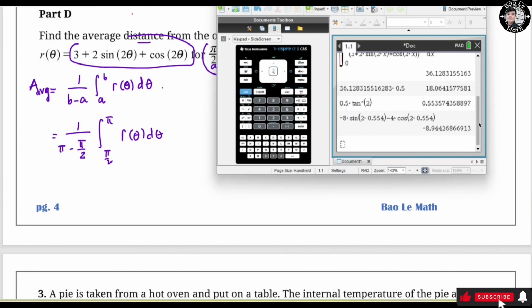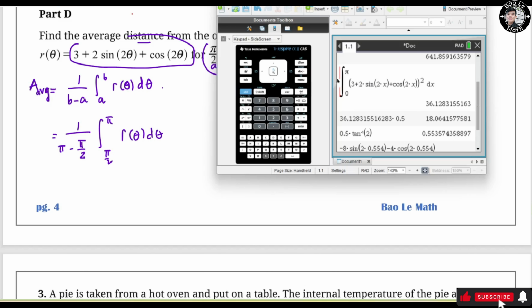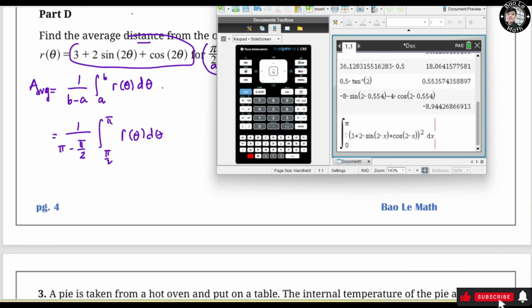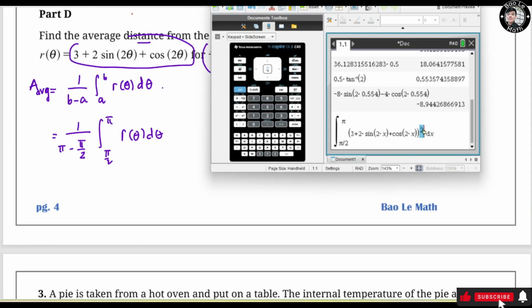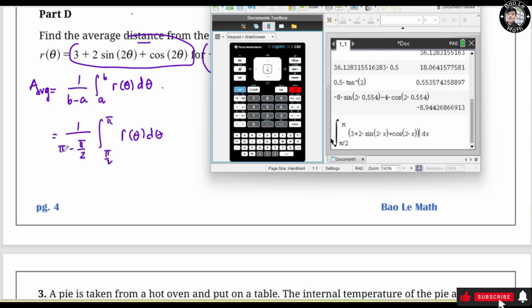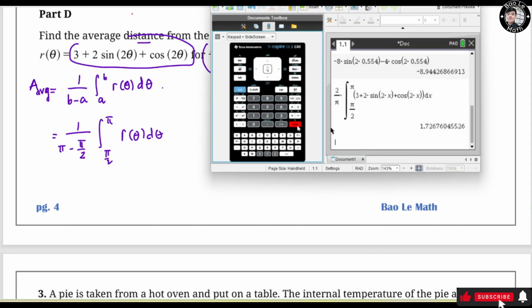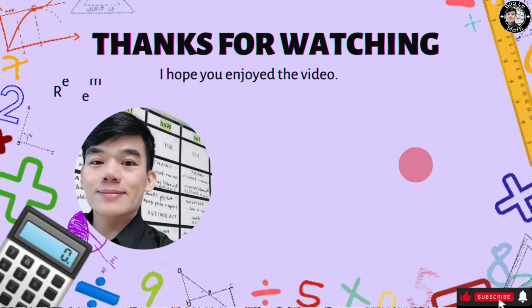Now previously I already used this, so I just copy this down over here. Now I just change the upper bound and lower bound, that's it. And don't forget to remove the square right here. Pi subtract pi over 2 is pi over 2. 1 divided by pi over 2 means 2 over pi, so I need to multiply this by 2 over pi. And then press Ctrl Enter. It's going to be 1.727.